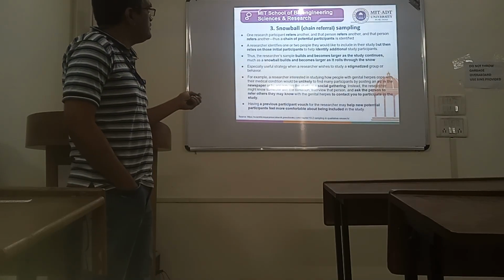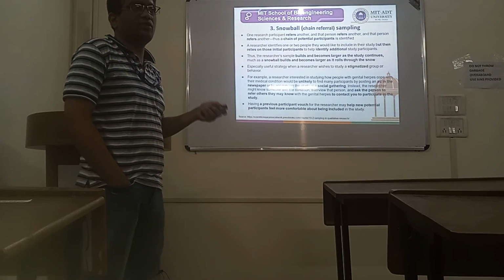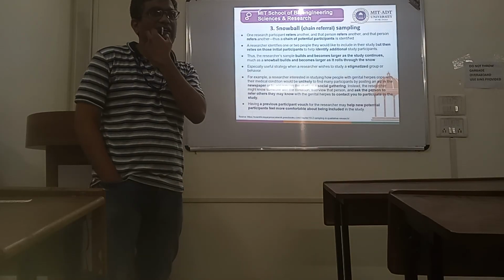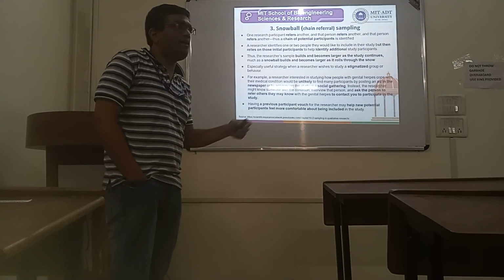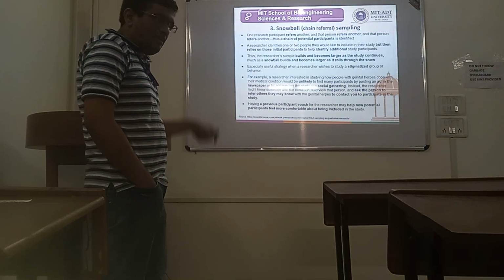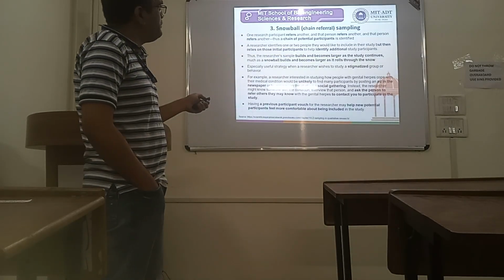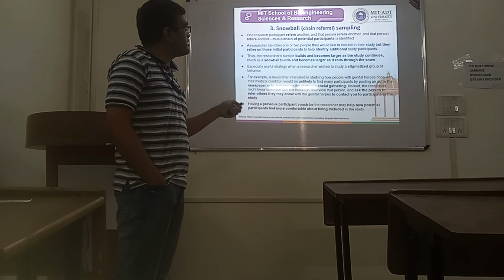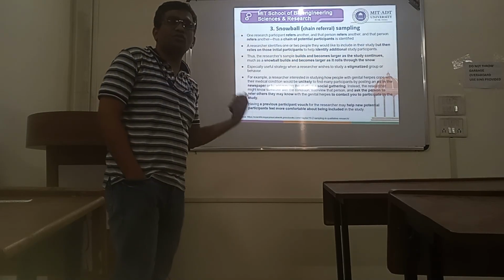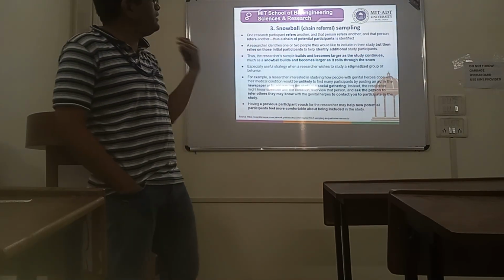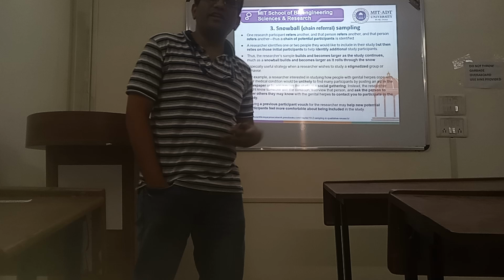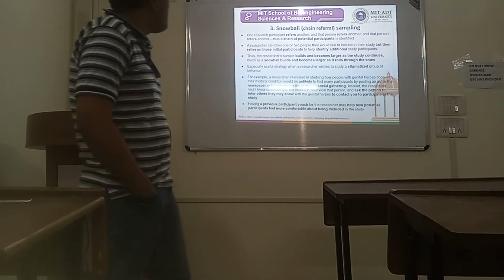Then you tell that person to recruit a similar person and gather samples. In essence, the researcher's sample builds and becomes larger as the study continues, much as a snowball builds itself and becomes larger as it rolls downhill.